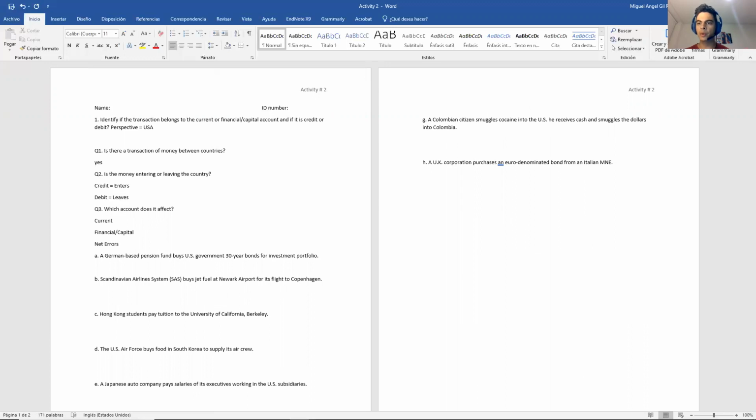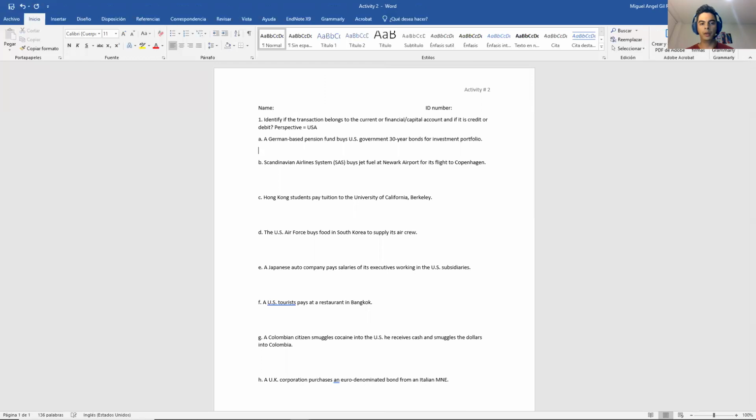Don't tell me if it is goods or services, or if it is foreign direct investment or portfolio investment. Just tell me current or financial or net errors. That will be enough for me. I'm going to erase this, but I think it's a good idea if you take note of this.